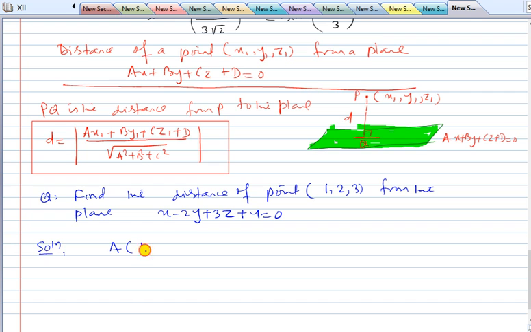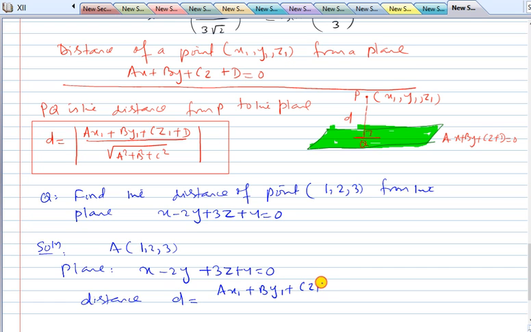The given point is 1, 2, 3 and given plane is x minus 2y plus 3z plus 4 equals to 0. So therefore distance d is given by, you put these points and formula first you write down ax1 plus by1 plus cz1 plus d whole divided by square root of a square plus b square plus c square.